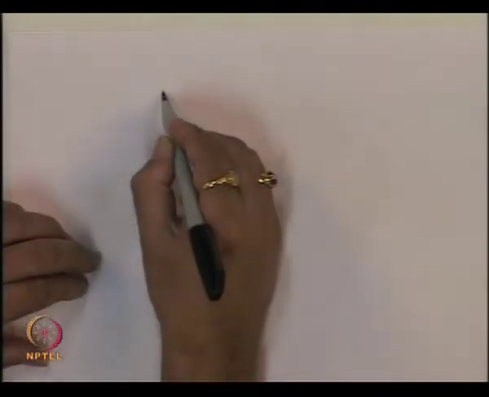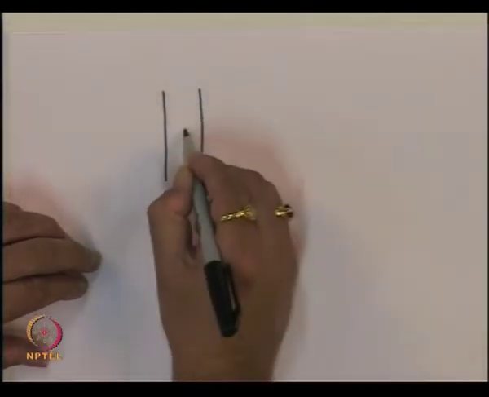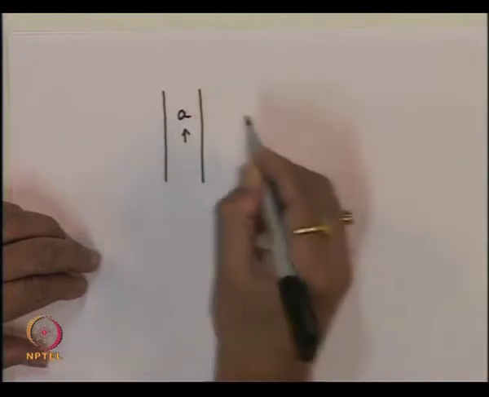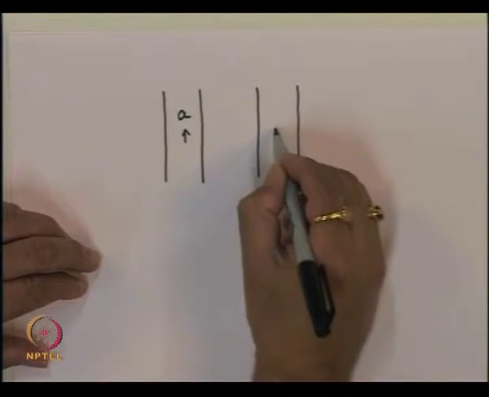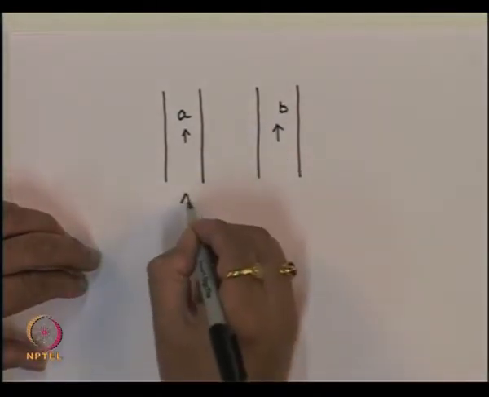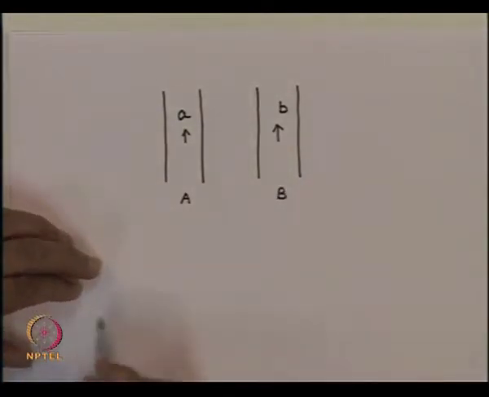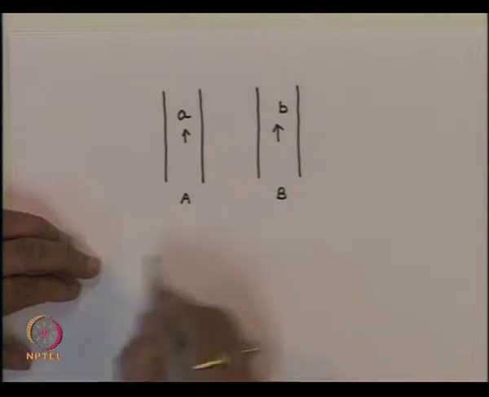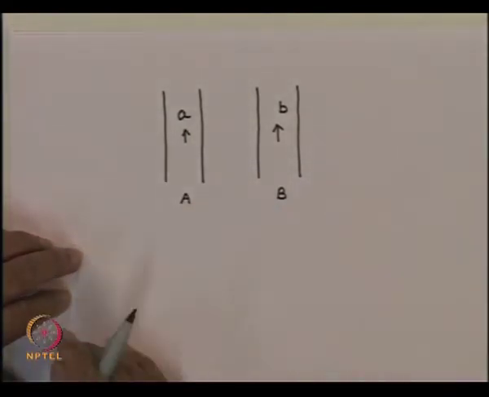Now if we consider the two waveguides, and let us say in waveguide A, the signal is given by A, and we have waveguide B on which the signal is given by B. So this waveguide is A, this waveguide is B, and if these two waveguides are identical, then they have a phase constant for each individual one, which is given by beta.